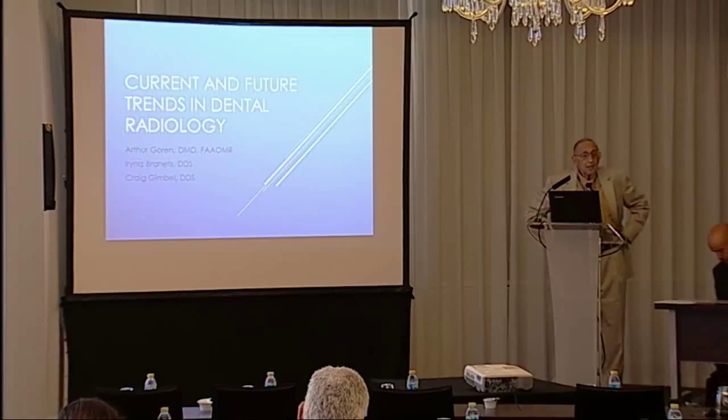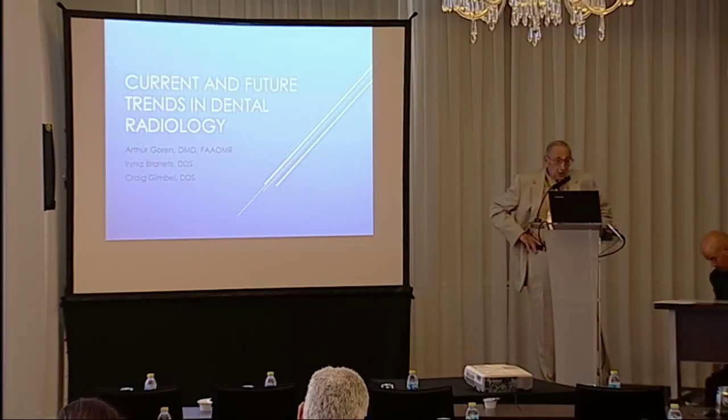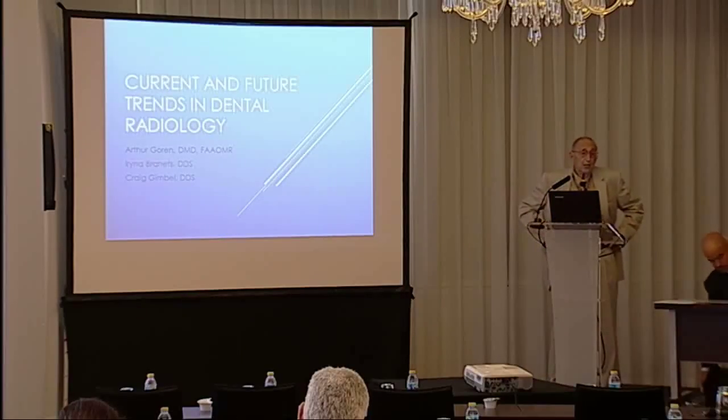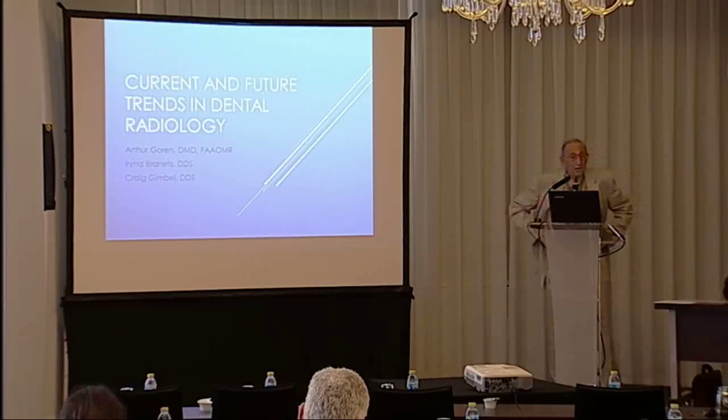Let's say we take the average of 50 milliroentgens for a digital, you're giving the patient approximately 1 milliroentgen. How would you like to give the patient 0 milliroentgens? And this is what our presentation is all about.